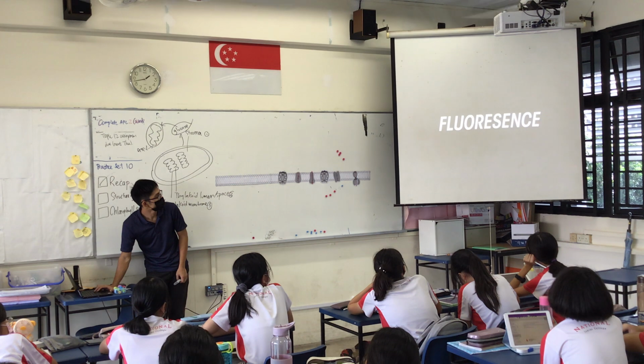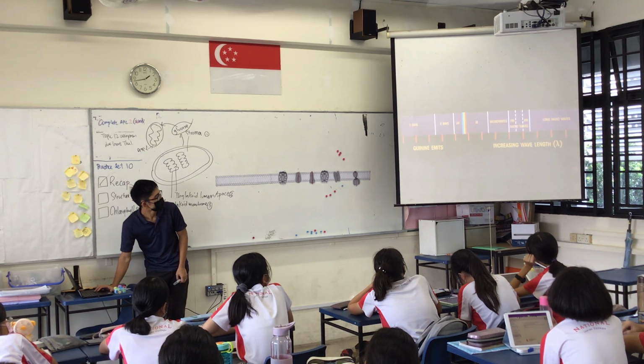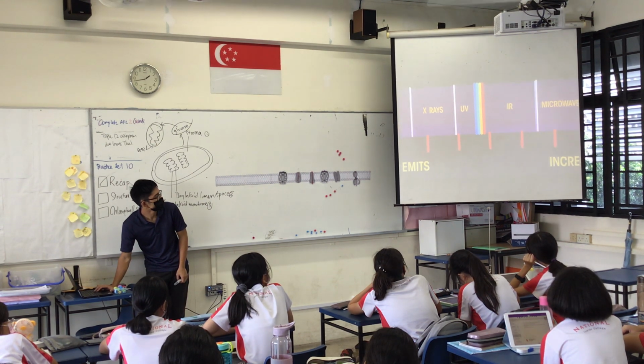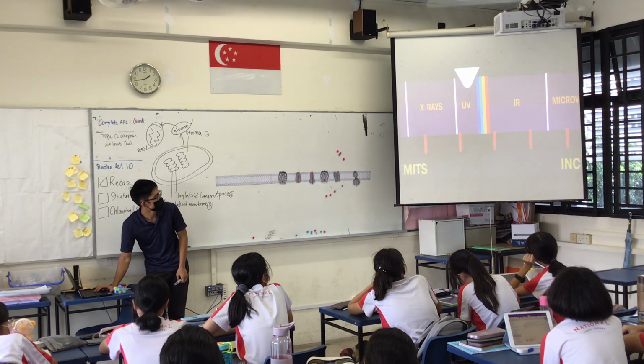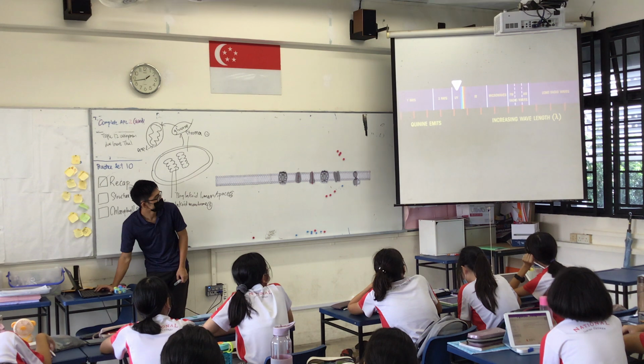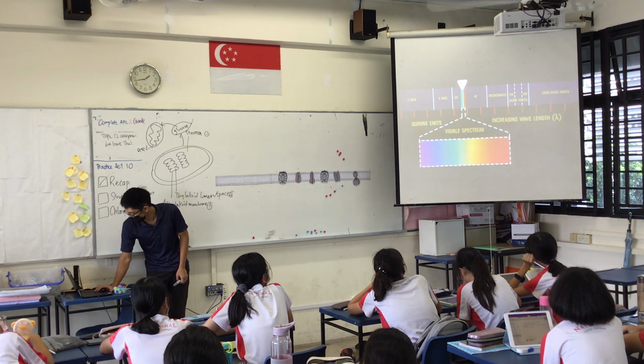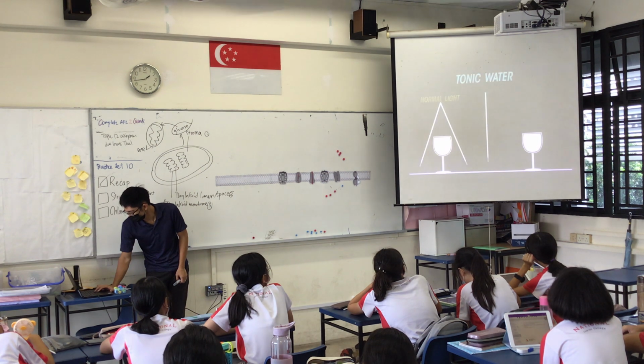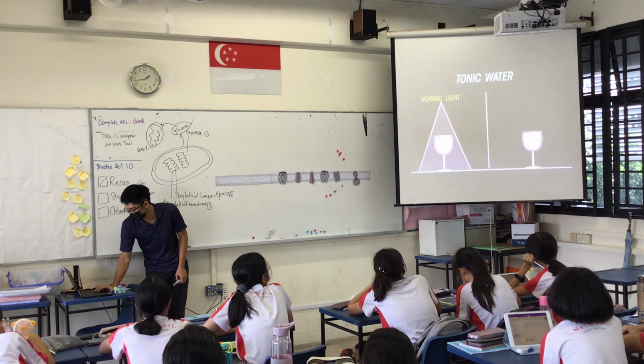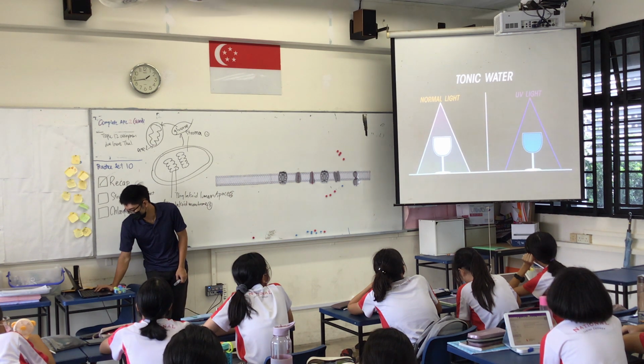This is fluorescence. If the absorbed electromagnetic radiation is in the invisible ultraviolet part of the spectrum, or short wavelength, then the light emitted will be of a longer wavelength and be in the visible part of the spectrum. If tonic water that contains quinine is exposed to UV light, it glows with a blue colour.